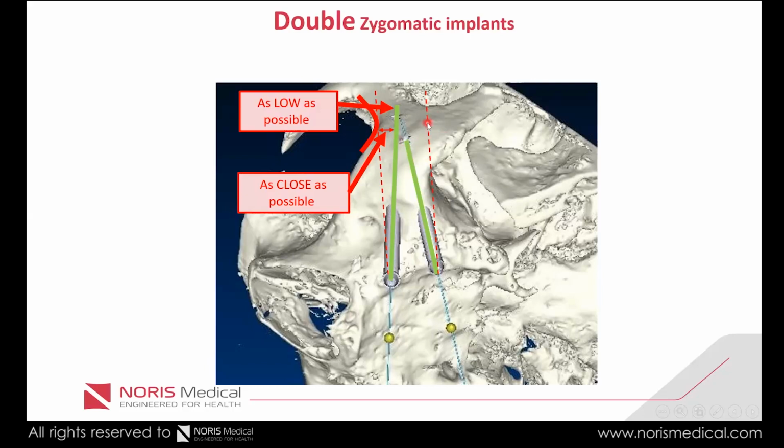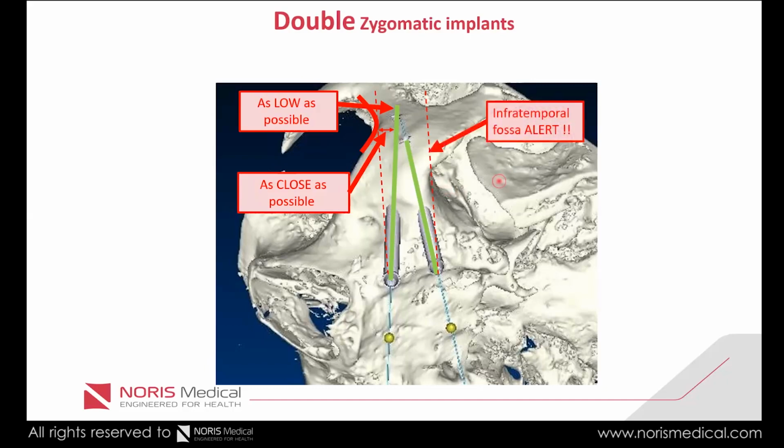So it is also possible to do that, but I'm talking now about the mainstream, not really extreme cases. But I've seen many cases where the implant is going through the temporal fossa towards the zygoma itself.